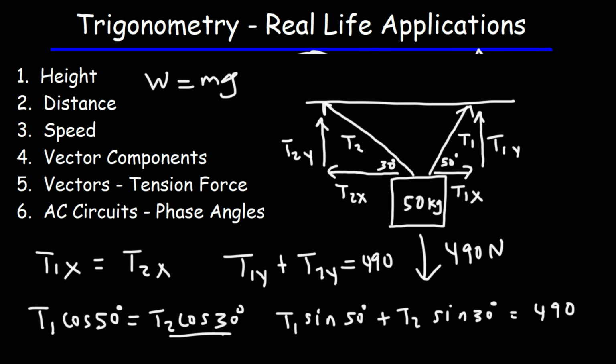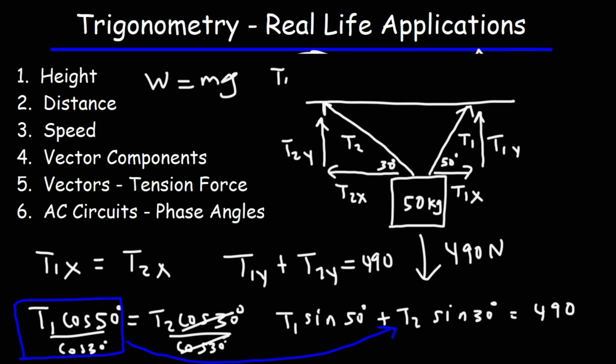Now, if we divide both sides by cosine 30, we can get T2 in terms of T1. So T2 is T1 cosine 50 over cosine 30. And we can plug that in for T2 here. So now we have an equation with only T1.